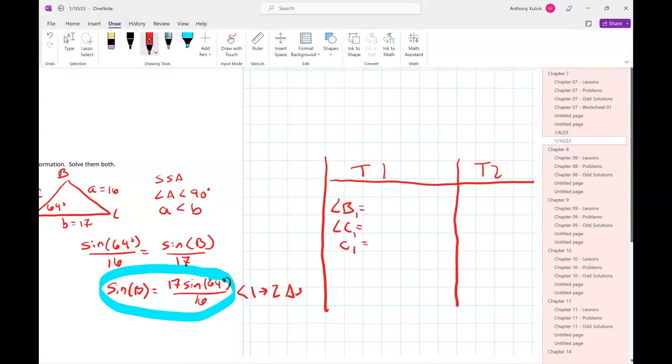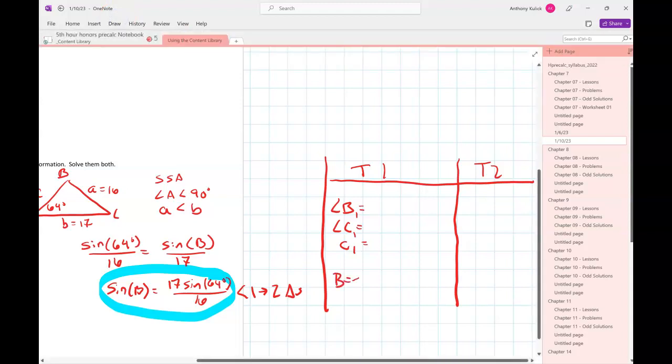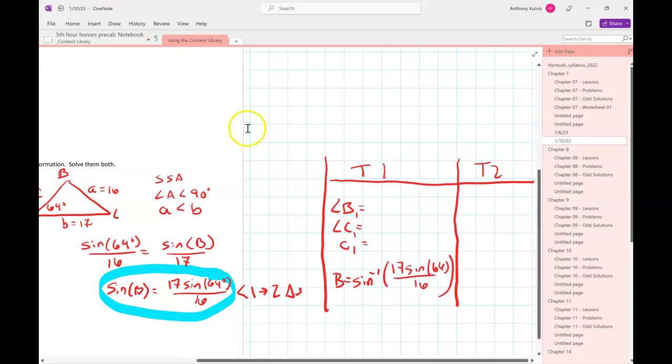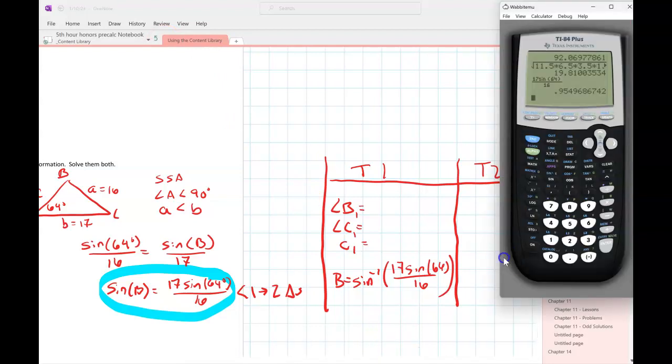So I'm just going to do the sine inverse to both sides. When I do that, I'll do second sine, and I'm going to use the ANS command, so I'm going to take all the decimal points with me.